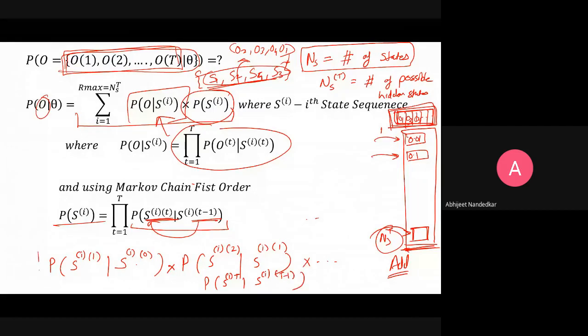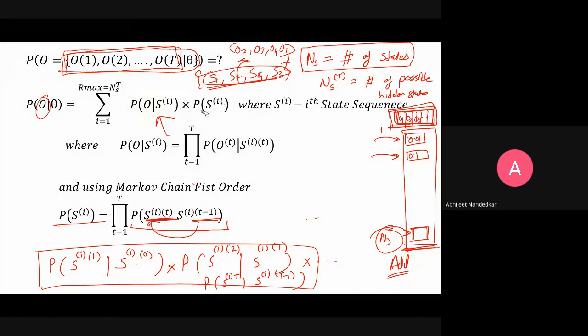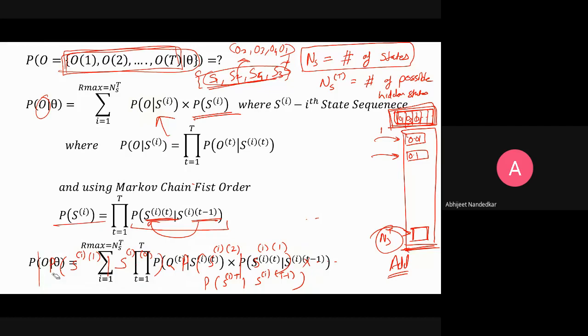Okay, so this product will give you the second term, this one. When you substitute these two things in your first equation, you will get this final equation.